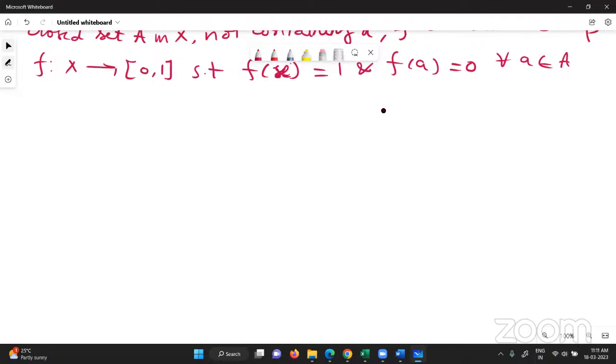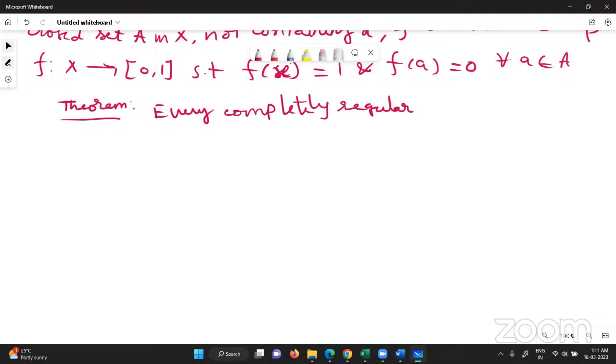That means the immediate consequence is the next theorem. This kind of result you can learn for 6 marks. Every completely regular space is regular. So first, the proof.